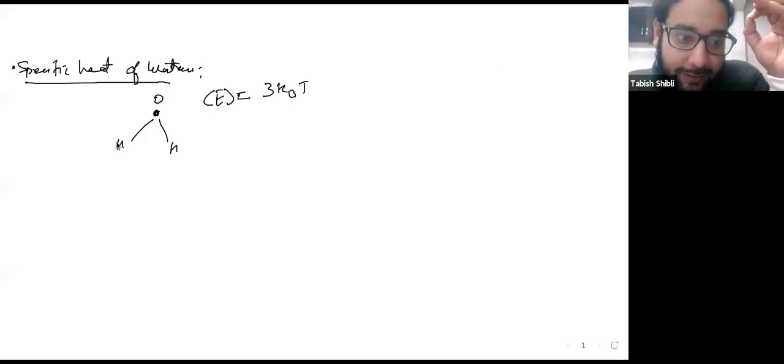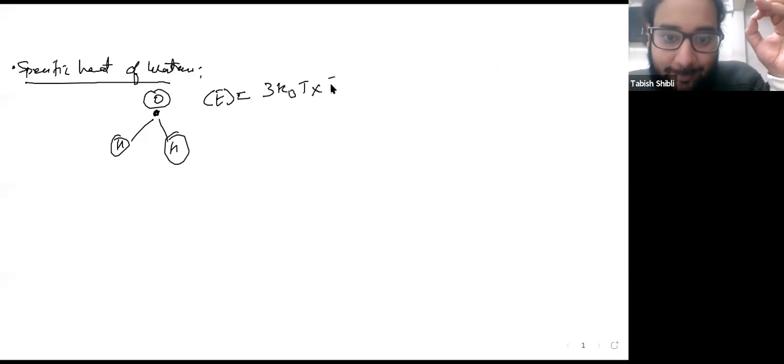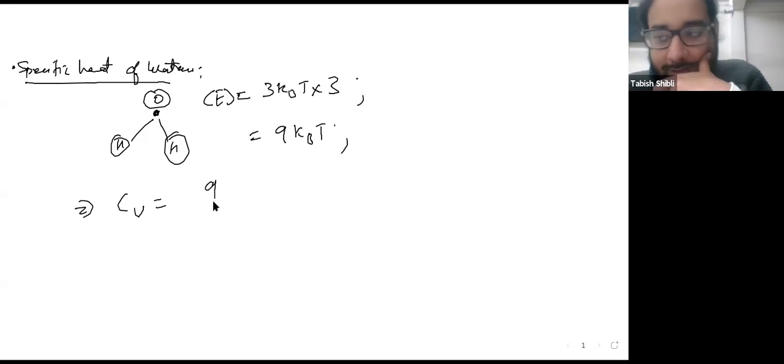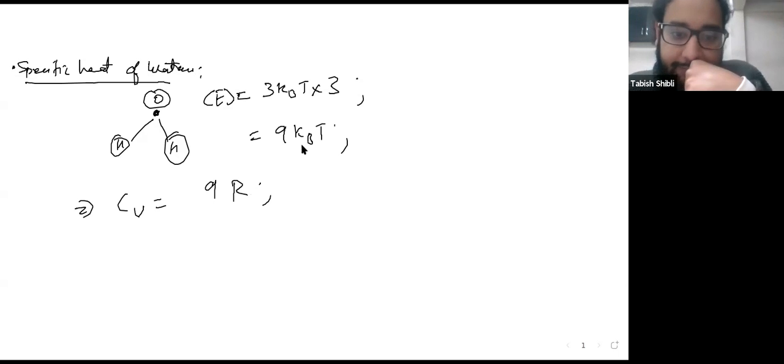But you have three different atoms here, so it will be 3 kBT multiplied by 3, so this is 9 kBT, and hence your CV turns out to be 9R. It's del Q by del T, so it's 9R.